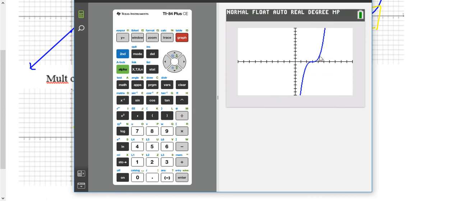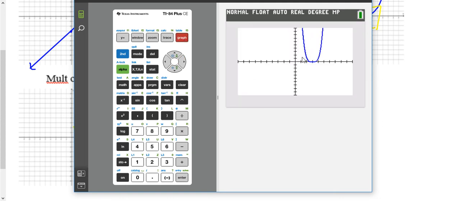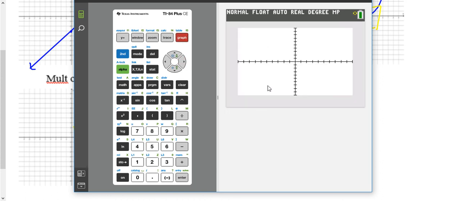So again, there's that cubic function. So half of your parabola going up, half going down, going in different directions there. If you had exponent 4, what's it going to look like? Exponent 4 is going to be a bit flatter compared to your parabola, and it flattens out there. And of course, last but not least, let's double check exponent 5, see what it looks like, and there you go.